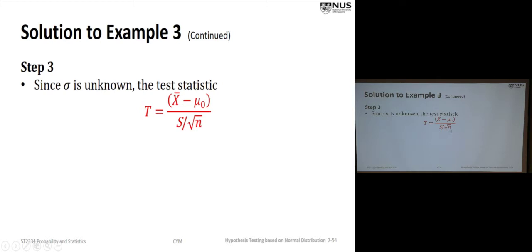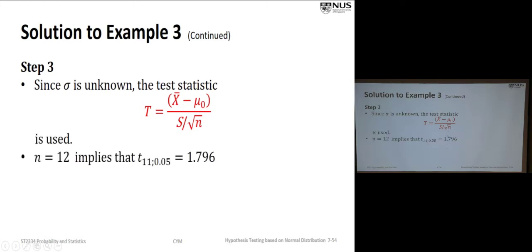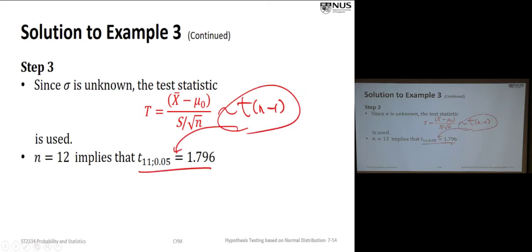What is the distribution of this test statistic? Because it's normal, we know that this follows a t-distribution with n minus 1 degrees of freedom. Why do I need to know that? Because then I can set up my critical value, and also compute my p-value if needed.